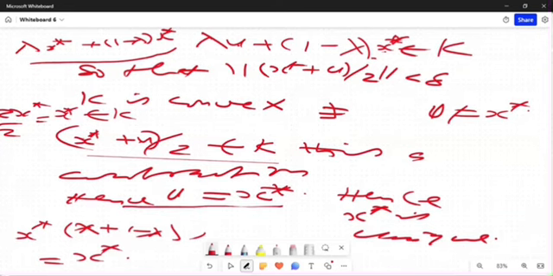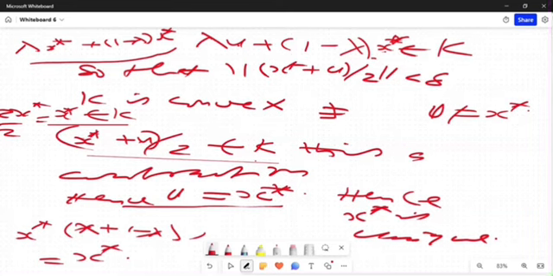That's what I'm trying to say. So our result should have been X star in K, but we got X star plus U over 2. So that's why it's a contradiction. I don't know if you really understand my explanation.